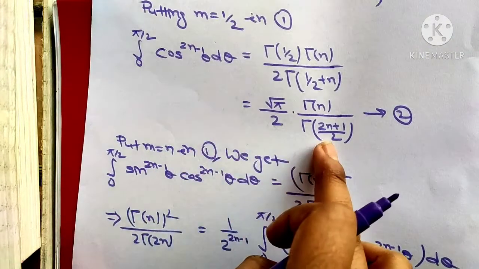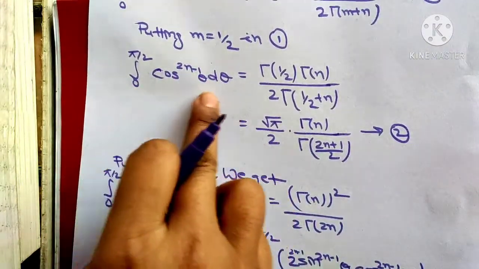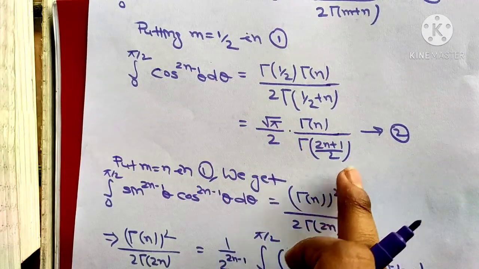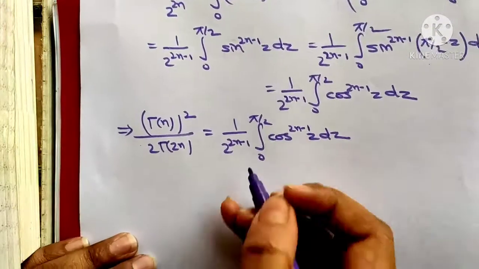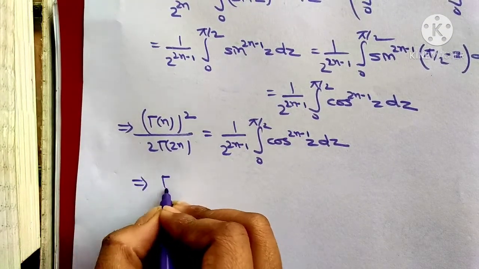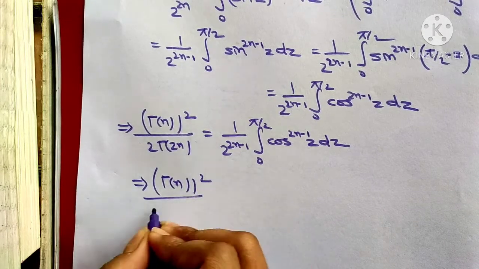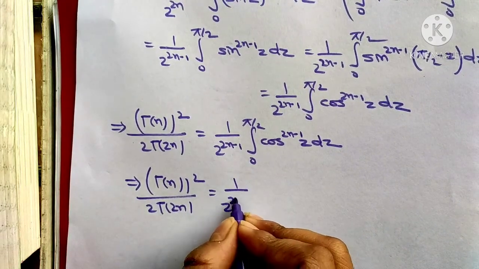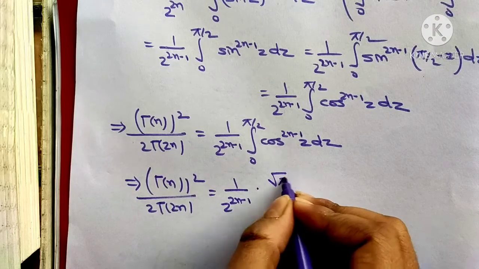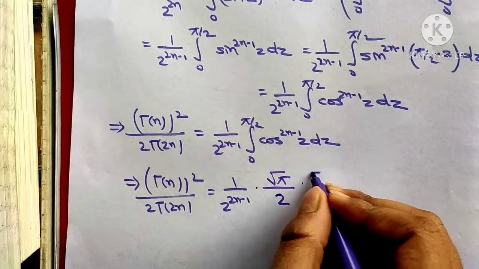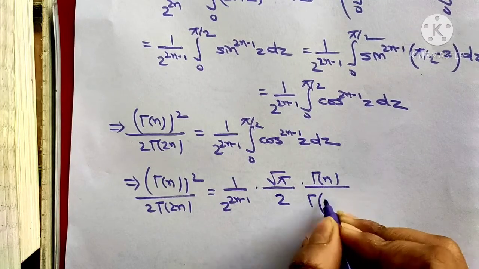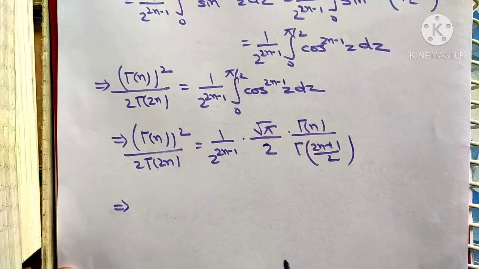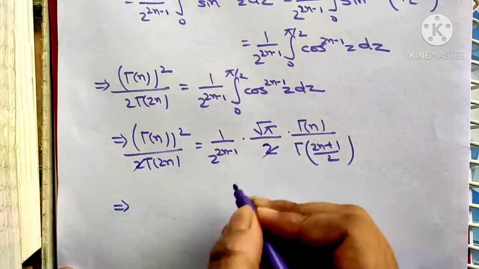We get that value: the value of this integral is root pi upon 2 times gamma n upon gamma (2n minus 1 upon 2). So we write it here: gamma n whole square upon twice gamma 2n equals 1 upon 2^(n-1) times root pi upon 2 gamma n upon gamma (2n plus 1) upon 2. To write it in the form of an identity, we just cancel this 2 on both sides.